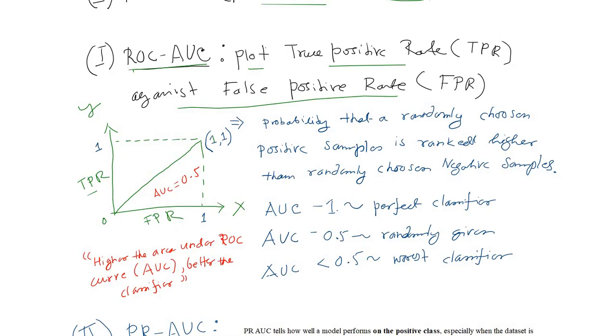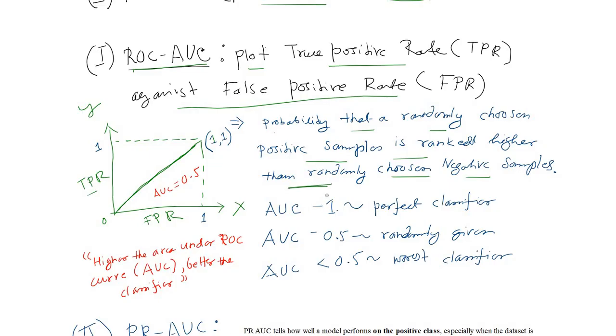The AUC curve here I have shown, for our example, as 0.5, which is constantly increasing. It shows the probability that a randomly chosen positive sample is ranked higher than a randomly chosen negative sample.